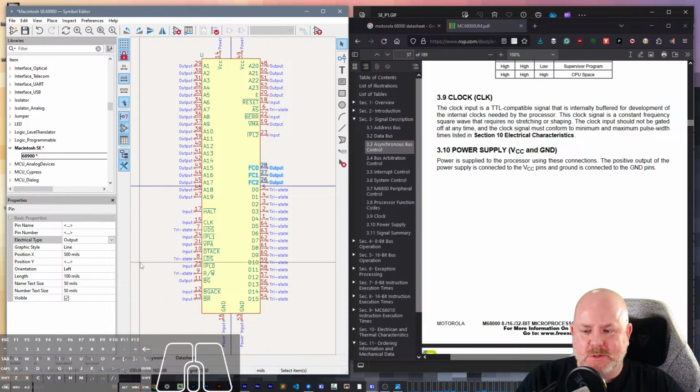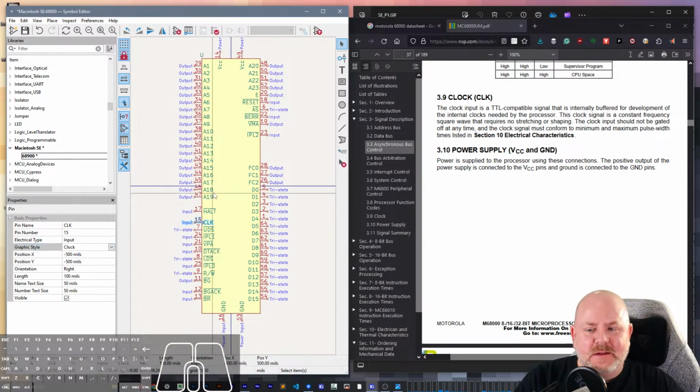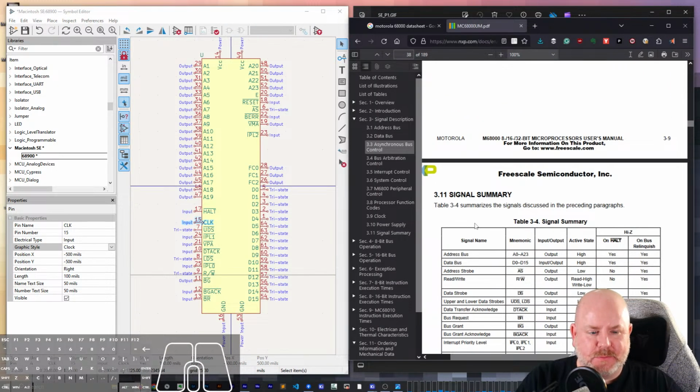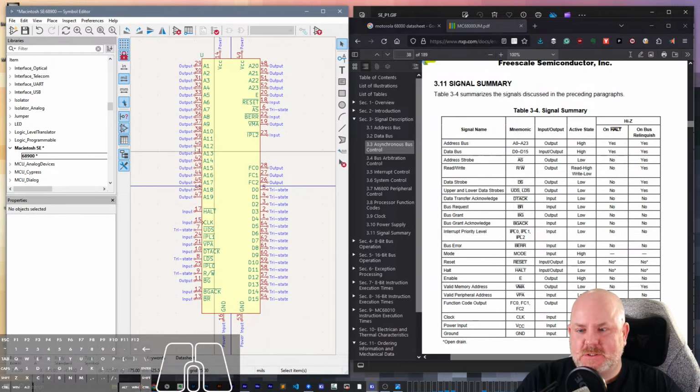Clock is a clock input. Really? Oh, that's funny. Okay. And then the power supply pins, which I think is funny. They're using VCC, even though this is probably CMOS. Okay, so did we get all of the pins?